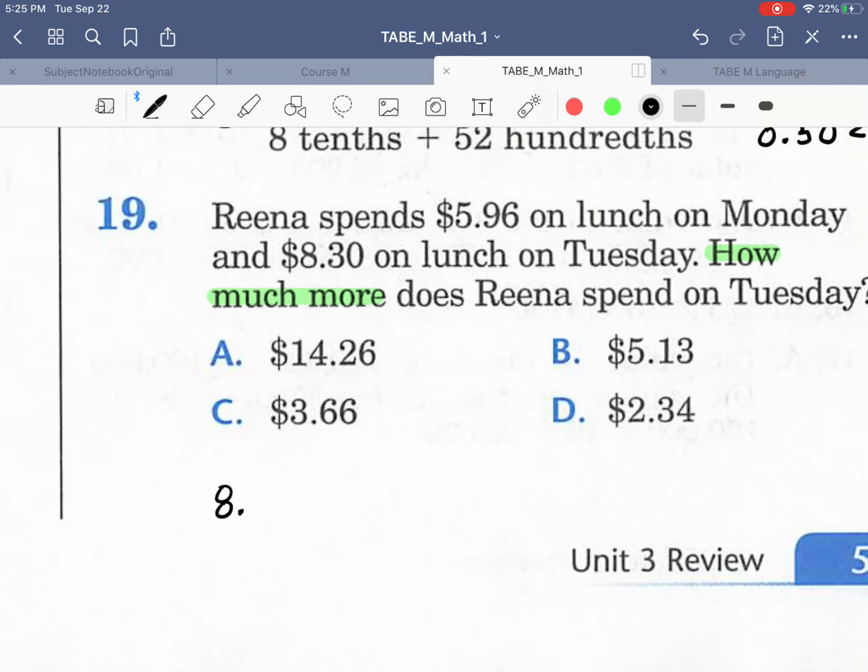So I have $8.30 minus $5.96, and I do have to borrow here. So 10 minus 6 is 4. 12 minus 9 is 3, and 2. So $2.34. I'm thinking option D.